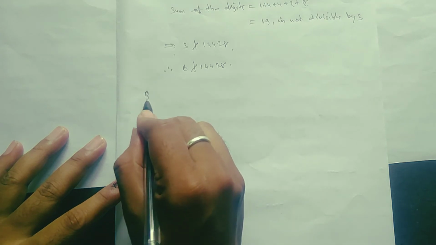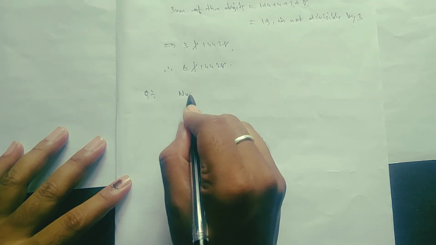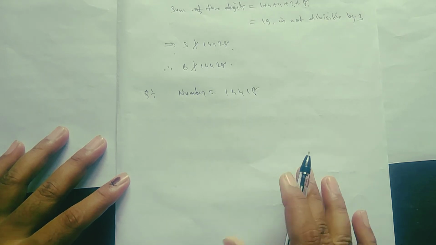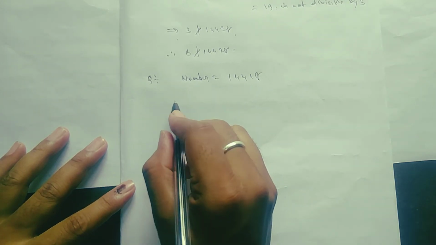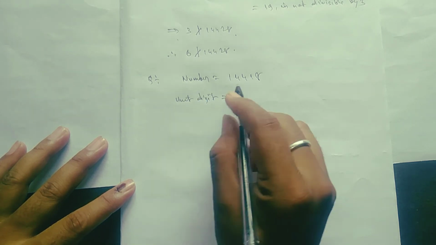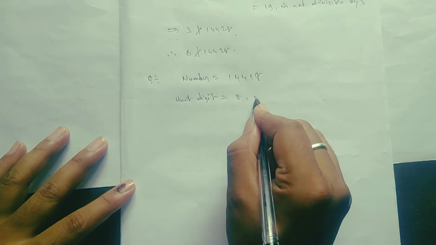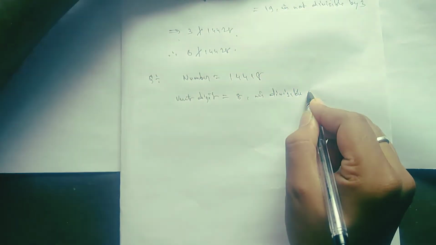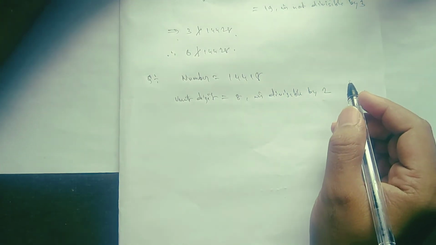If it is divisible by 3, then we can say that yes, it is divisible by 6. For example, if I take the problem 14418, you see that the unit digit 8 is divisible by 2.